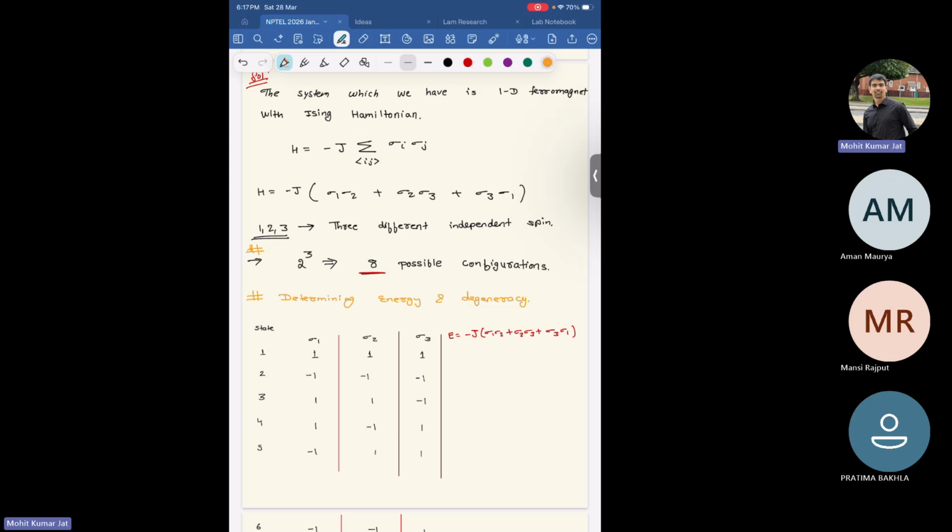For the first case, all are positive, so it will give you minus 3J. All are negative, that will also give you minus 3J.